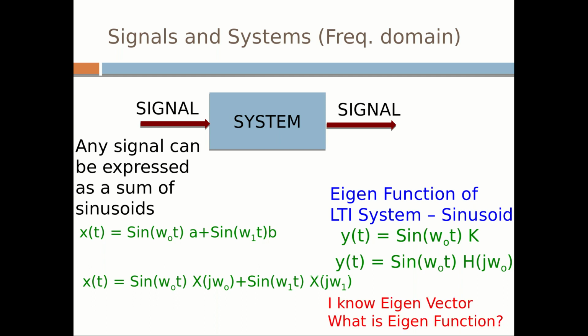We know that eigenfunctions are the ones which, when operated using an operation T, give out a scaled version of the input eigenvector itself. Eigenfunction is similar to that of an eigenvector. When we pass an eigenfunction to an LTI system, we get a scaled output of the same eigenfunction.